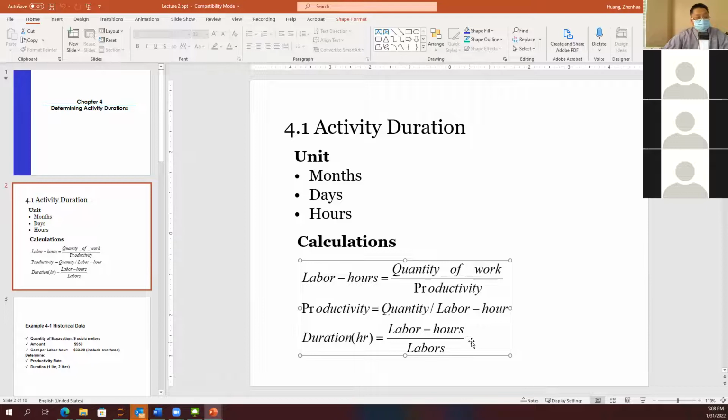Then based upon these labor hours and the available labor of my company right now, you can calculate the duration in hours. In the table, everything is in days, and typically it's an 8-hour working day. So the hours divided by 8, you get how many days. That's a typical calculation method.